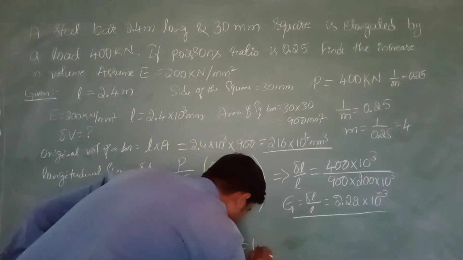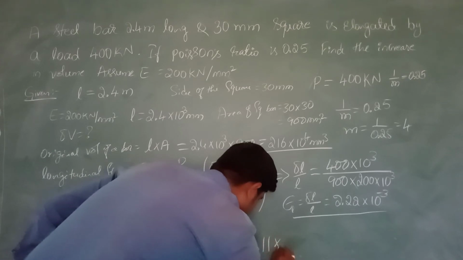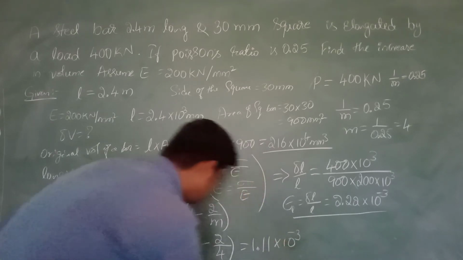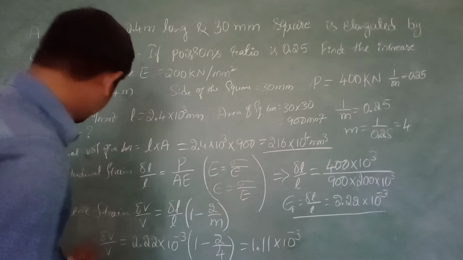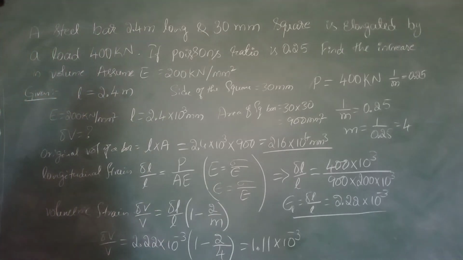Simplifying, we get 1.11 into 10 to the power of minus 3. This is the change in volume with respect to the original volume, so we get the volumetric strain.